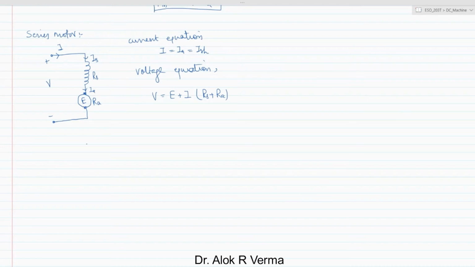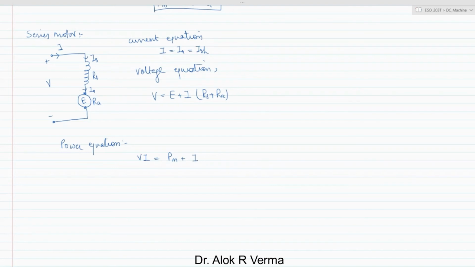Now if you see the power equation, like earlier, the total power input is nothing but the mechanical power which is being developed plus losses in the armature and in the field. So the total input power is VI, which is nothing but the total mechanical power developed plus losses in the series winding and the armature winding.